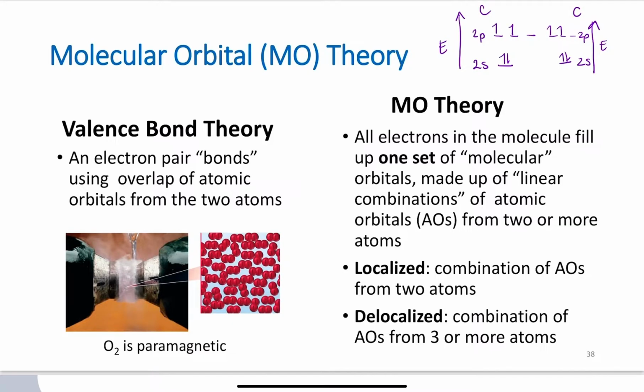How would these combine? These are two different molecules here. How would they combine to form one molecular orbital? Localized is when the combination of atomic orbitals comes from two atoms. Delocalized is when the combination of atomic orbitals comes from three or more atoms.